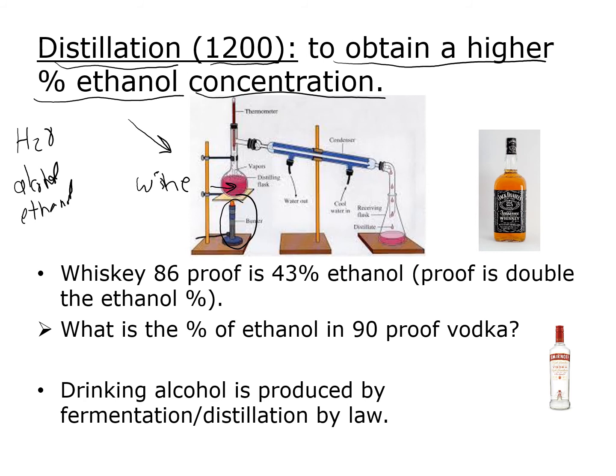The boiling point of water is 100 degrees Celsius. The boiling point of ethanol is about 78 degrees Celsius. So distillation is a process to separate mixtures based on different boiling points. When we heat the wine up, the ethanol is going to boil first. So the vapors come up here.